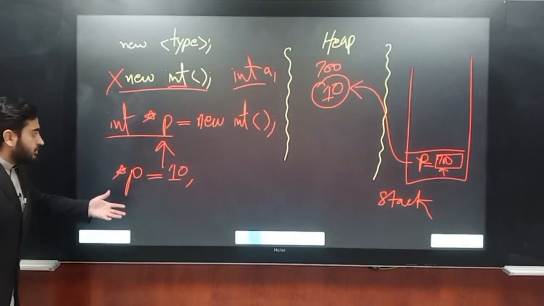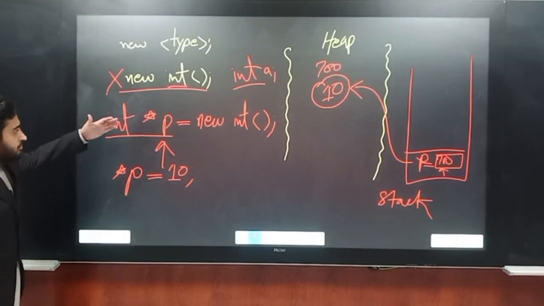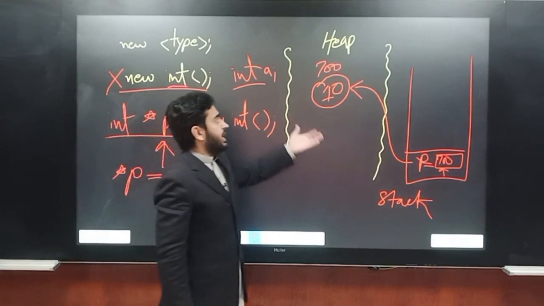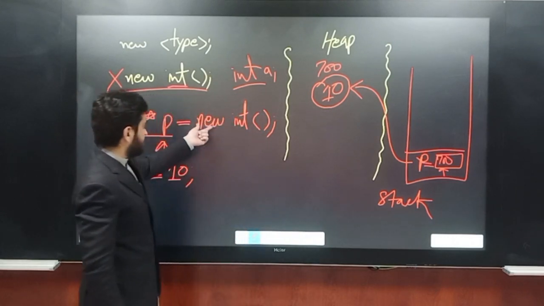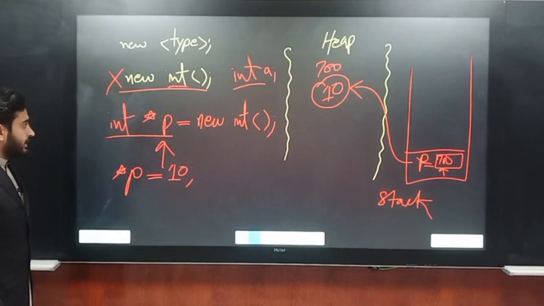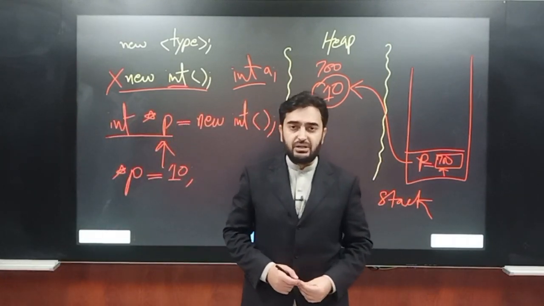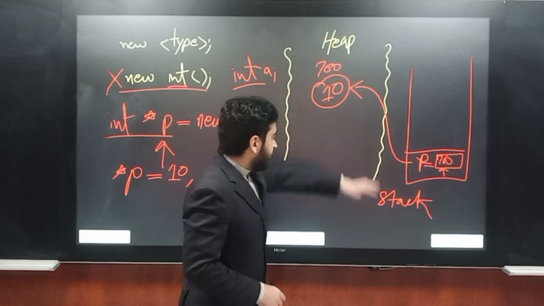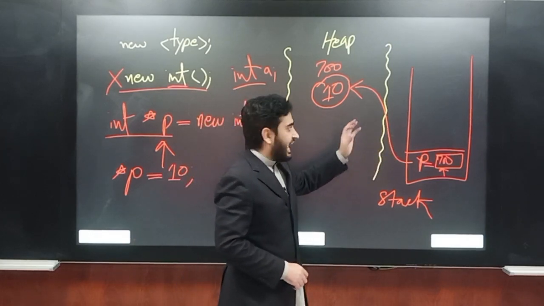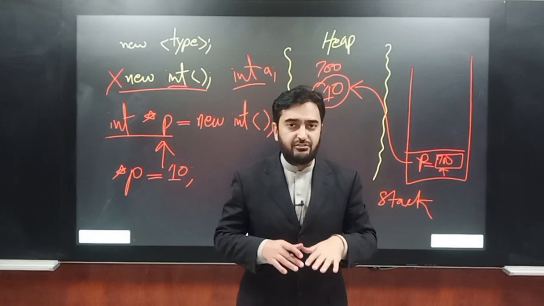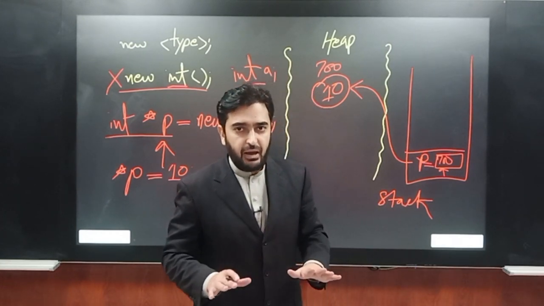In this way, you can create many different data types, new objects in the heap, using the new keyword. But remember that for the stack, the processor or the operating system pushes and pops all the items from the stack, and it becomes empty at the end of the execution of the main program.